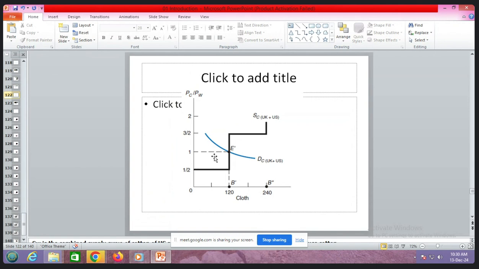Equilibrium is established at the relative price equals 1.